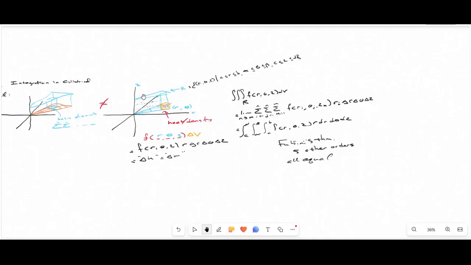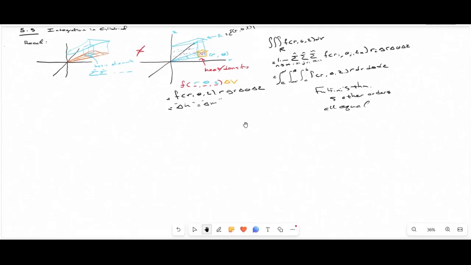We leave that one alone. The only real math takeaway from all of this is the concrete demonstration that we do in fact see that extra factor of R, that Jacobian factor of R, come up again. And also that Fubini's theorem, as always, applies, and we can do any order of integration that we want.